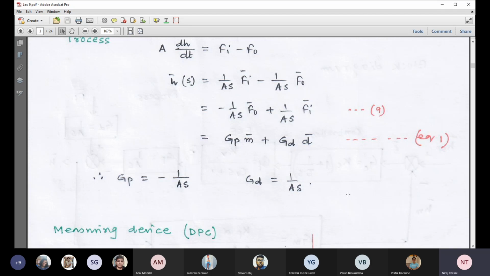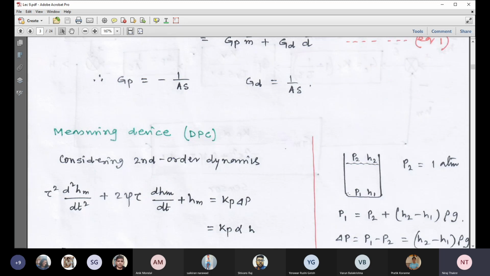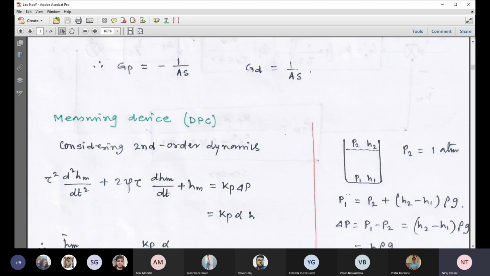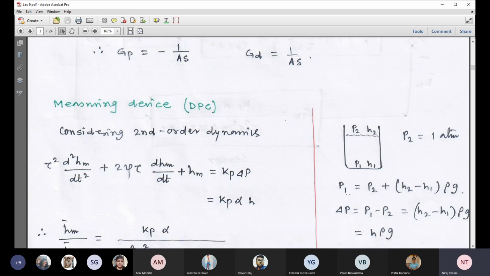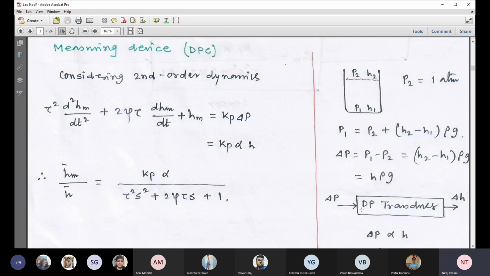Now come to the measuring device. For the measuring device, you first note down what is written on the right hand side. See, we are using here a differential pressure cell, which is nothing but a differential pressure transducer, and it works with this mechanism.